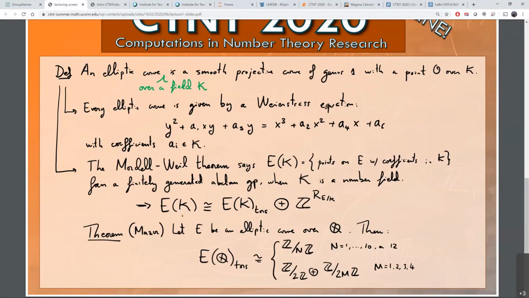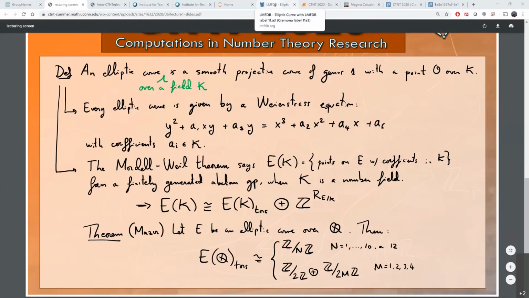The torsion subgroup is either cyclic, Z mod n, for n equals 1 through 10 or 12. That means there is no elliptic curve whose torsion has 11 points, or that has a point of order 11. Or the other option is that it's bicyclic, Z mod 2 cross Z mod 2m, with m equal to 1, 2, 3, or 4.